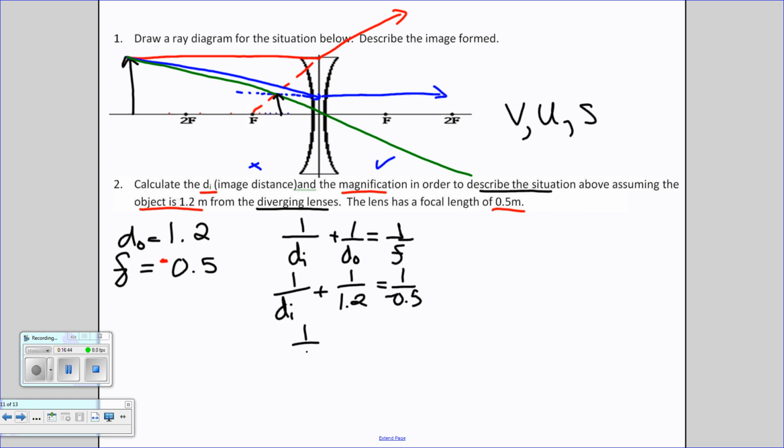So 1 over DI is equal to negative 1 over 0.5 minus 1 over 1.2. And if you want to find common denominators, you can. My recommendation would be, I believe that 6 is the smallest one. Or you can use your calculator. Make sure you keep that negative in mind, though.